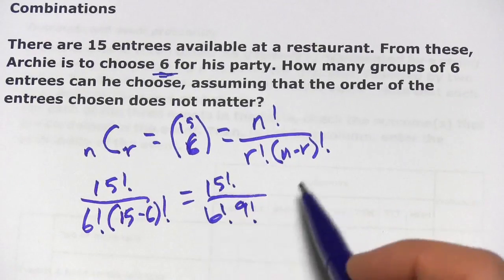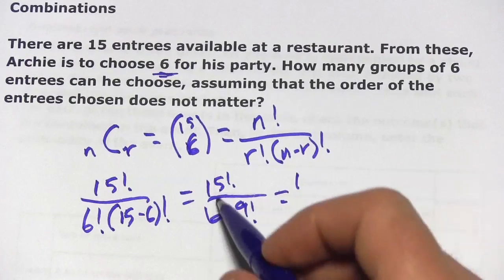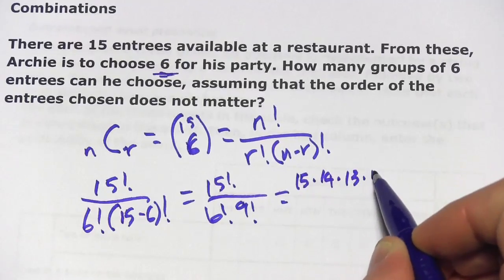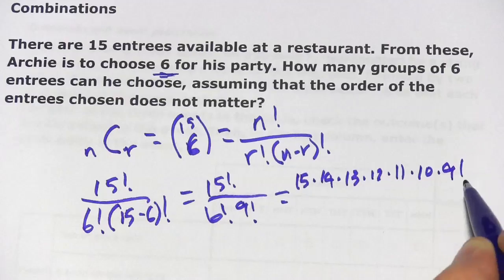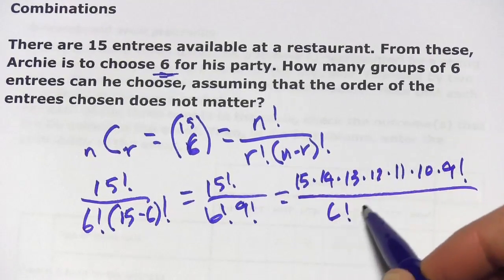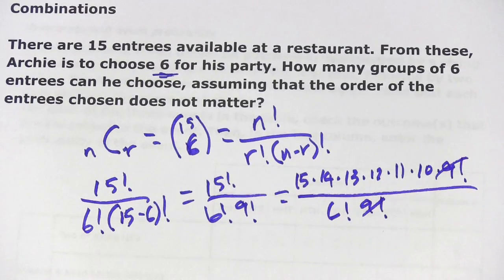And I think I can rewrite 15 factorial so that we cancel out the 9 factorial. So let's write the 15 factorial as 15 times 14 times 13 times 12 times 11 times 10 times 9 factorial. And we'll put that all over our 6 factorial times 9 factorial. And now that chunk cancels out.